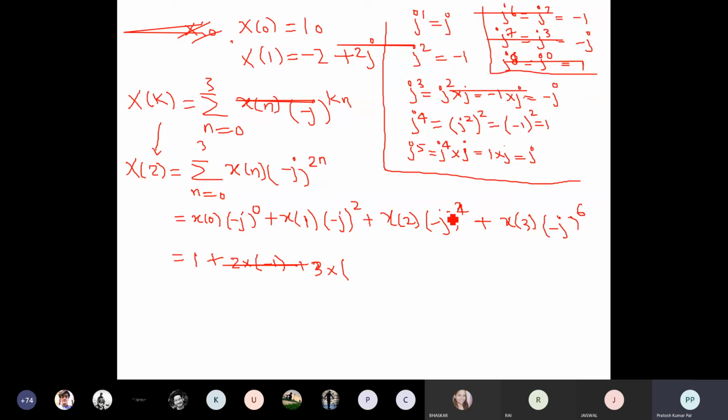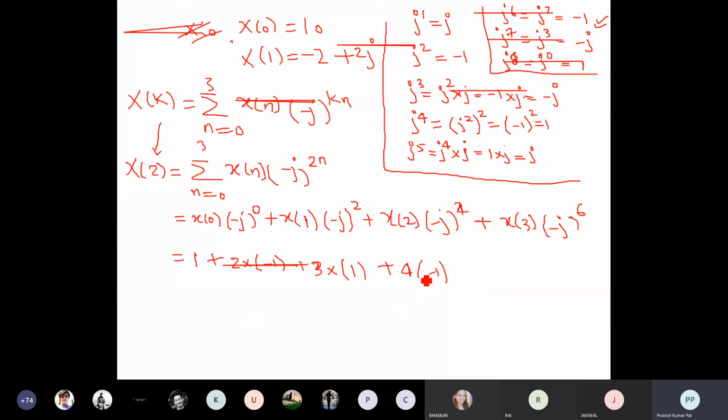Minus j to the power 4 will be j to the power 4, which is equal to 1, plus x of 3 is equal to 4 into minus j to the power 6. If minus is there and the power is even, there will be no effect of minus, and j to the power 6 can be considered as minus 1.